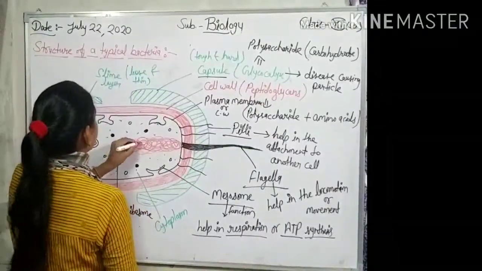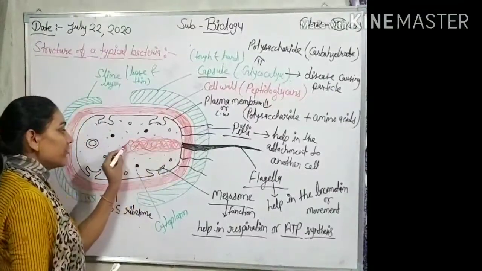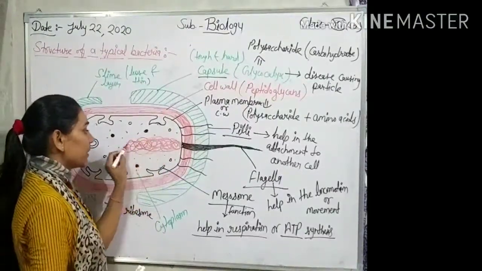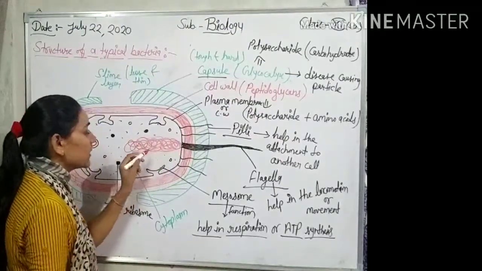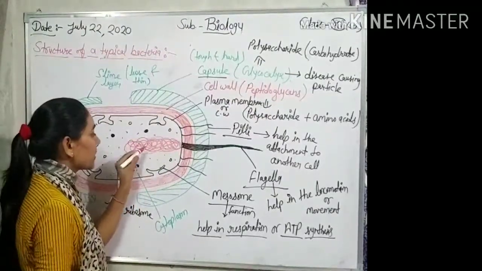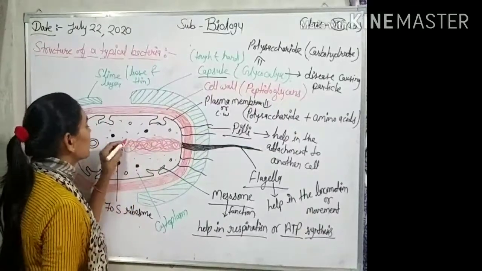Genetic material is without membrane, not surrounded by a membrane. So it is a naked nucleus. Double strand circular DNA is present.